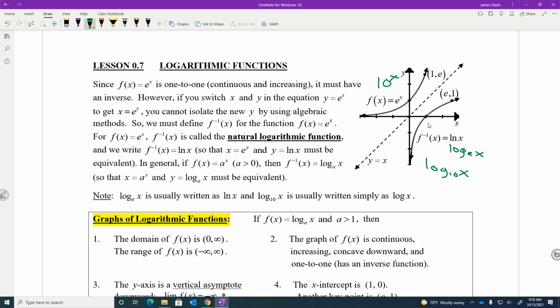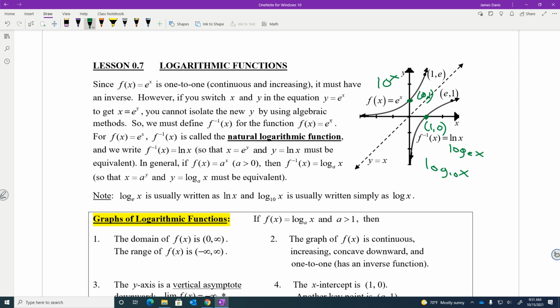Know that natural log crosses at 1, 0. That's going to be true for all logarithmic functions, and all exponential functions cross up here at 0, 1. And if you just think, why is that the case?